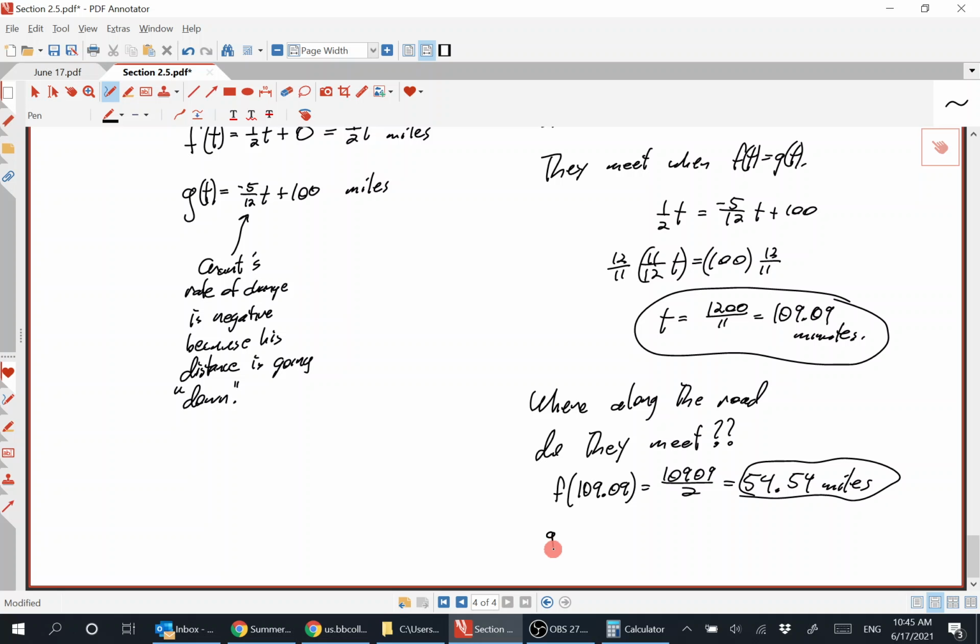If you wanted to plug it into g, you should get the same answer. Now, of course, we're doing estimations, so it may be off by a little bit. So minus 5 over 12 times 109.09 plus 100.